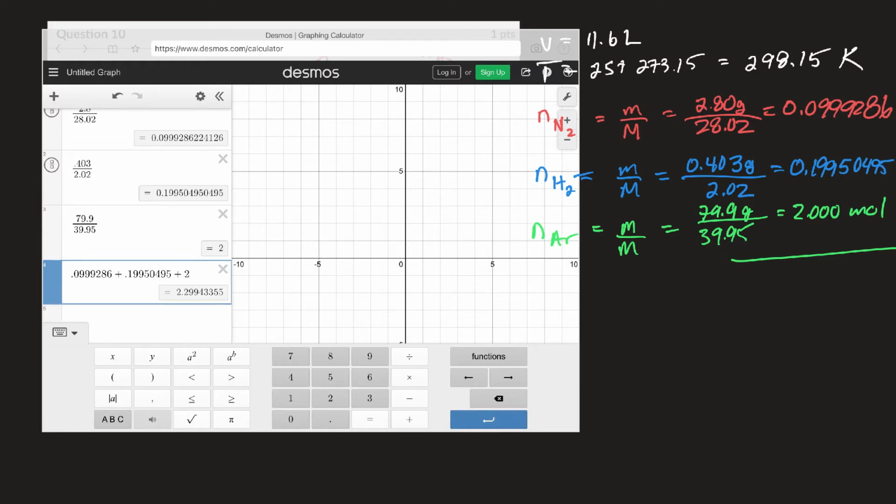So the total number of moles then is 2.2943355. That's total moles.